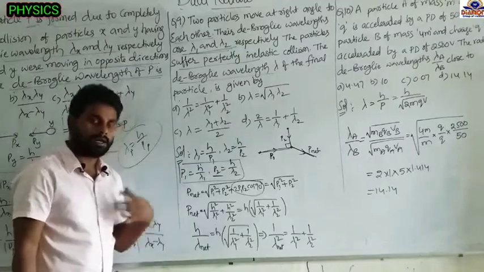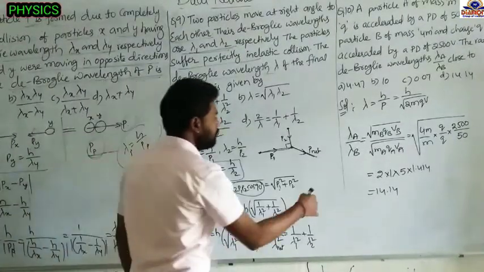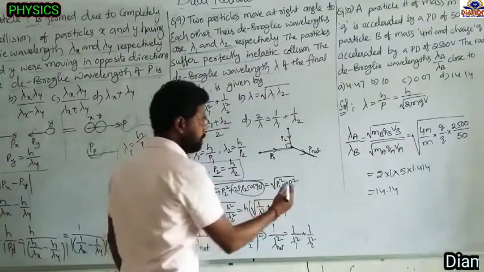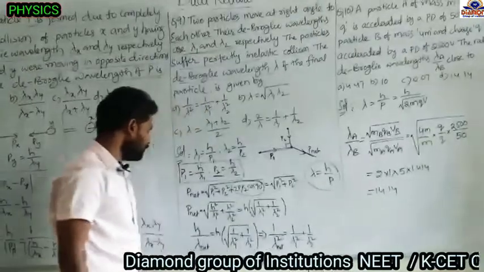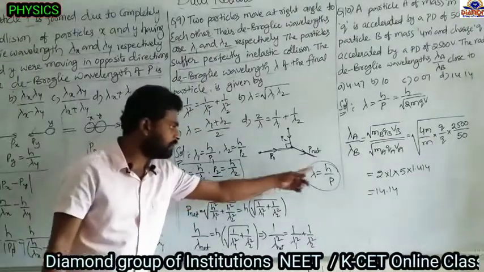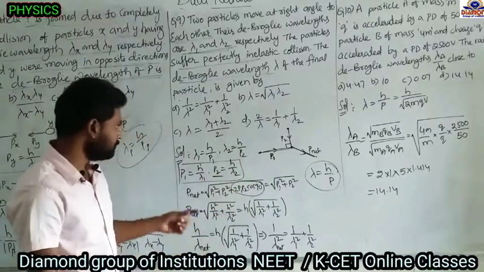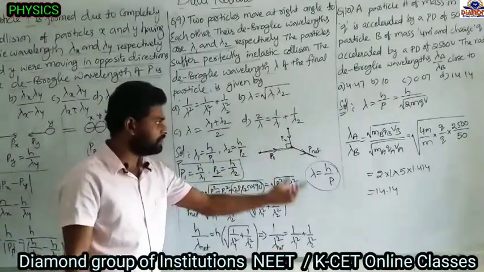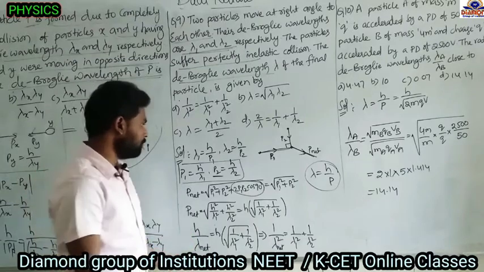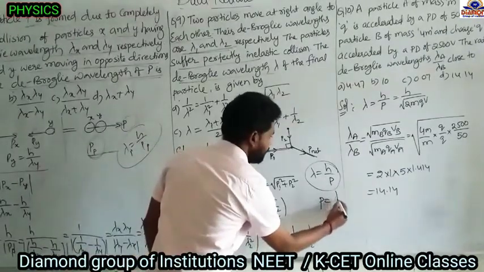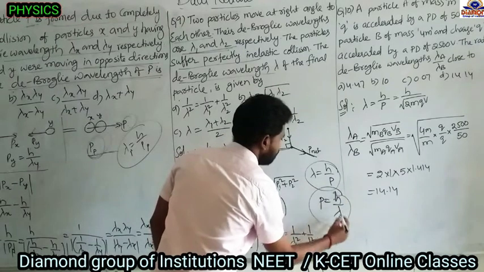P net, or momentum after the collision: we can write P equal to h by the wavelength of the particle after collision. So lambda equal to h by p, that is, momentum equal to h by lambda net.